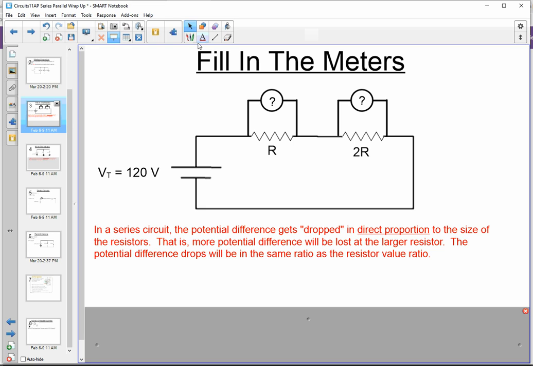So that means that we would lose 80 volts at the larger resistor and 40 volts at the smaller resistor, so that the drops are in the 2-to-1 ratio, and the larger resistor gets the larger potential difference.